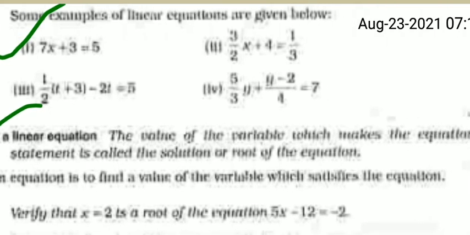Now this is the linear equation. Now how can we solve it? What is the solution of a linear equation? The value of the variable which makes the equation a true statement is called the solution or root of the equation.